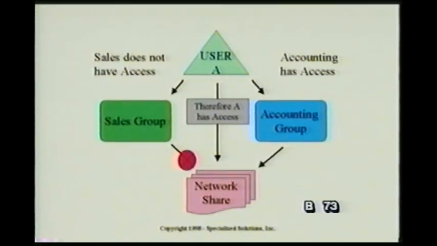If the accounting group has access to this particular network share, a shared folder on one of the machines, the sales group does not have access to this particular share. But user A is a member of both the sales group and the accounting group. So being a member of the sales group, technically, user A should not have access to that network share. But because user A is a member of the accounting group, they will have access to that share.